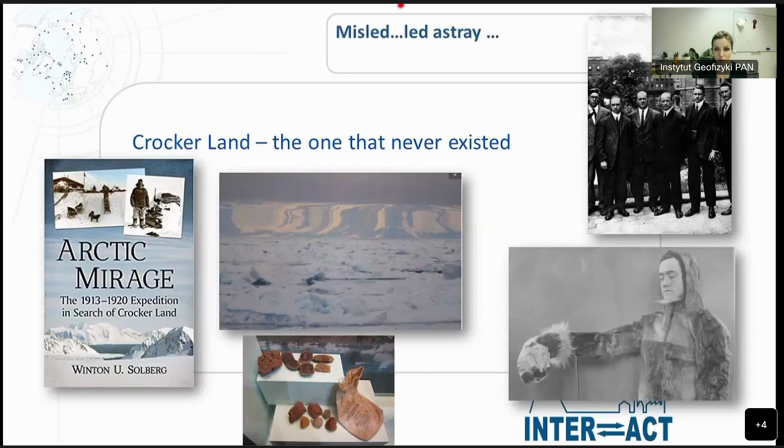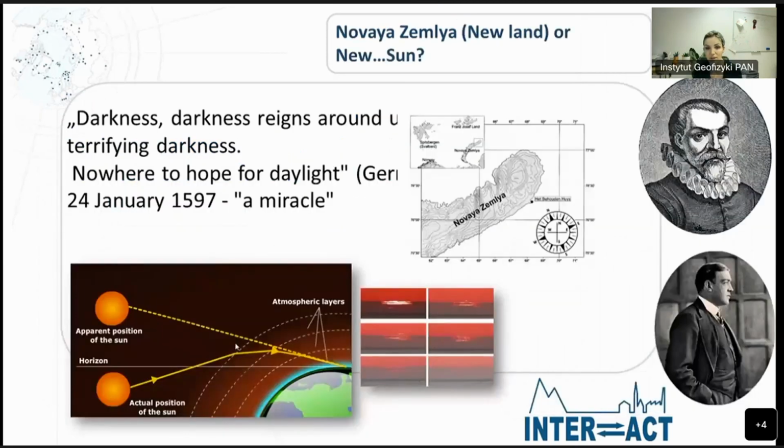So I think it's a great topic for a movie. Actually, I wonder if there is a book, but it's a mirage expedition in search of land that never actually existed.